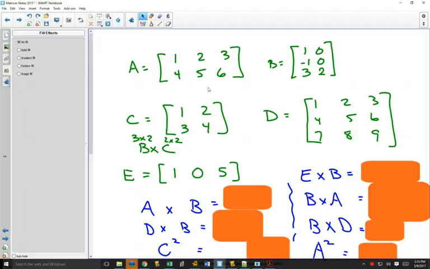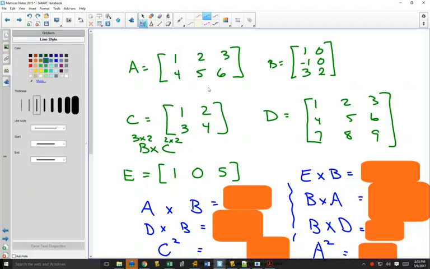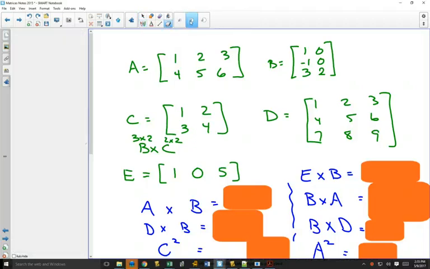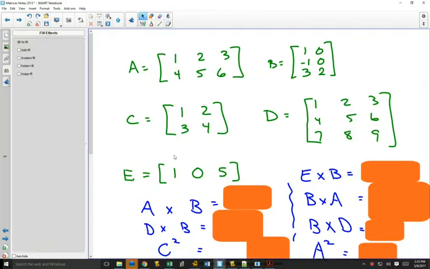D times B, E times B, B times A, A times D, A squared, and C squared. And then write down the answers that you get.